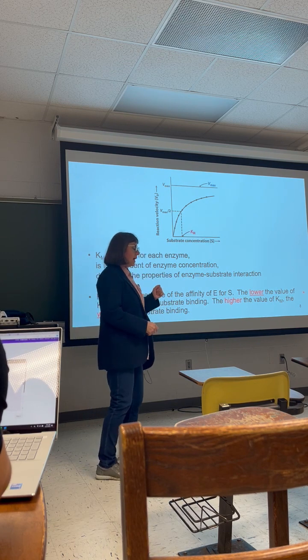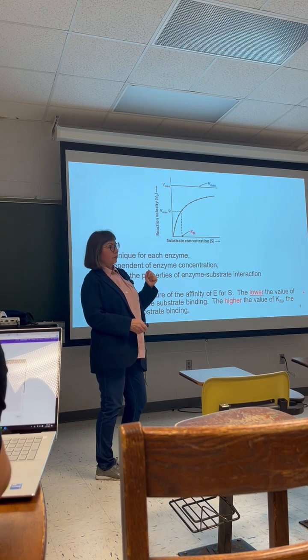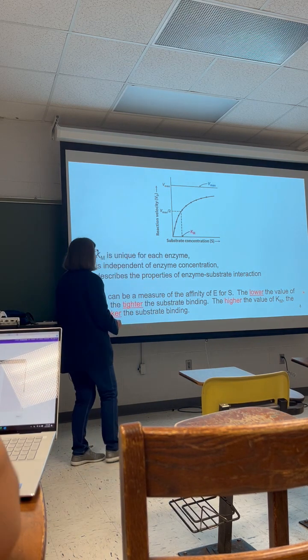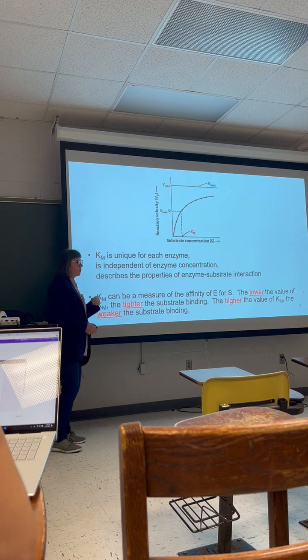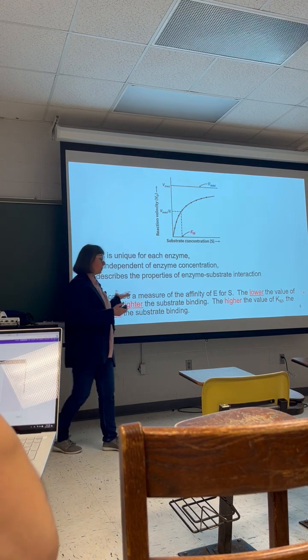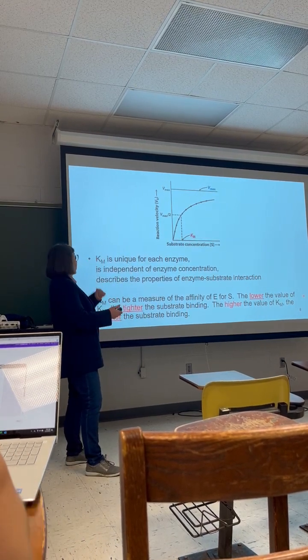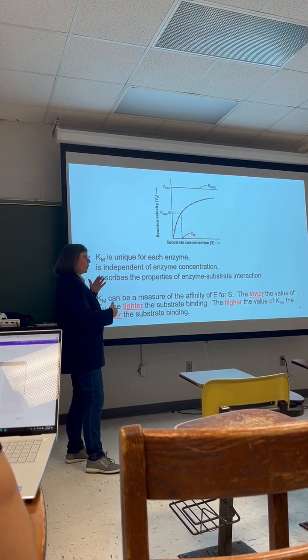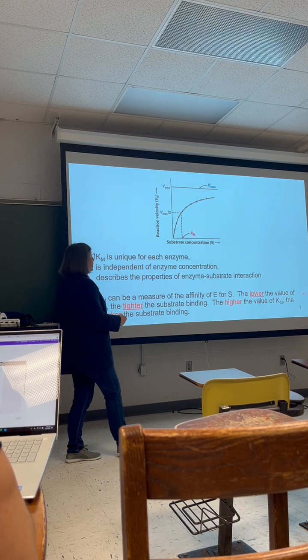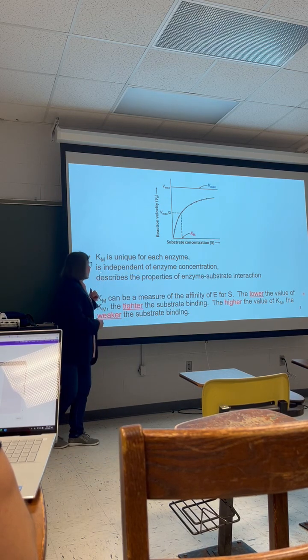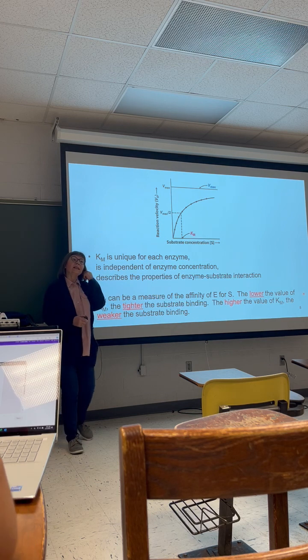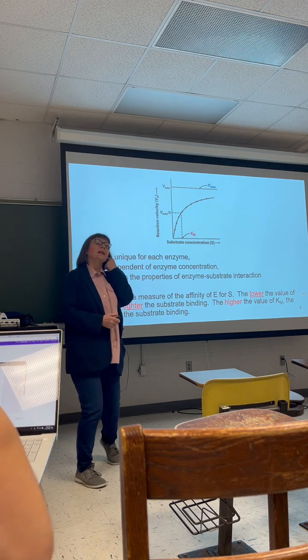But Km is a very important feature for biochemists because it is unique for each enzyme. Some enzymes have this Km, some enzymes have that Km. So different enzymes have different Kms. Km is also independent of enzyme concentration.